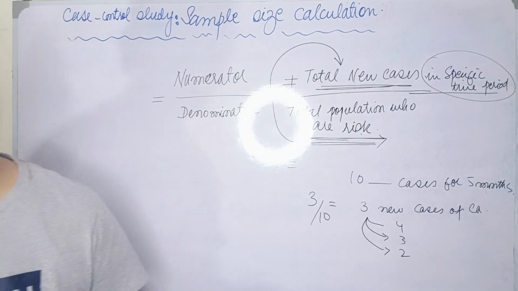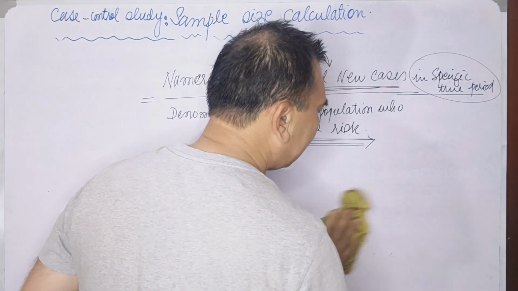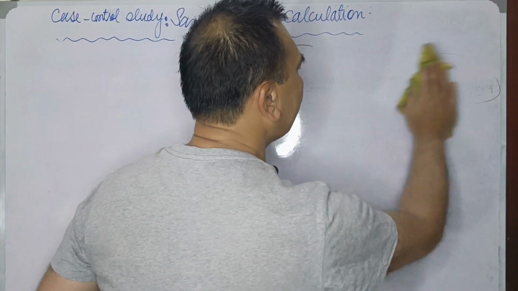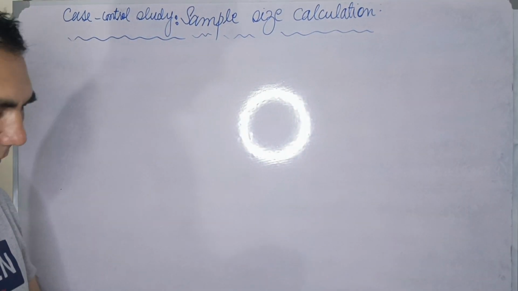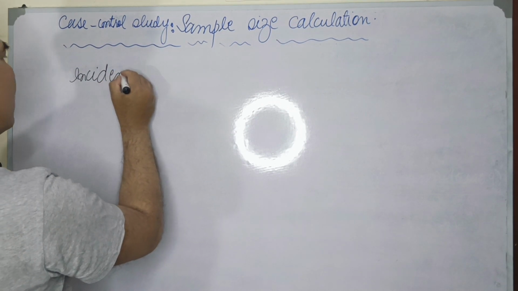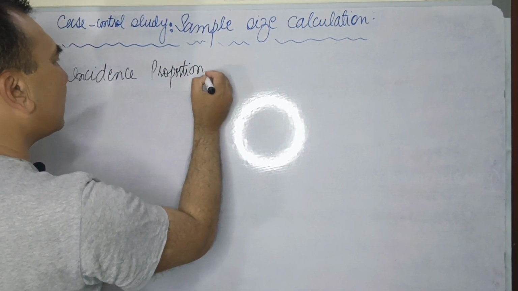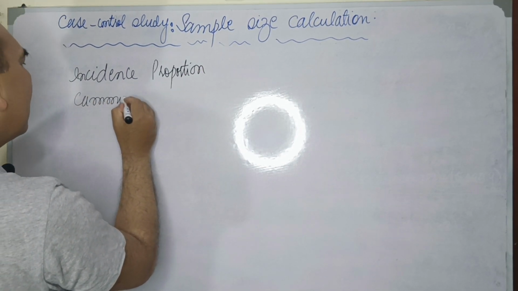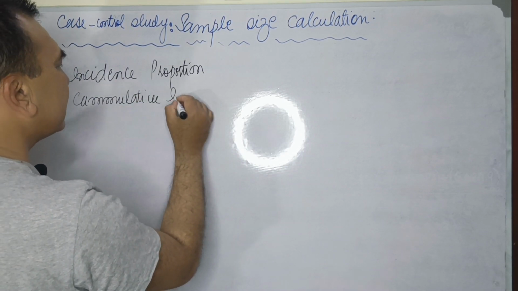But now we will learn another concept, called the incidence proportion, or you can say cumulative incidence.